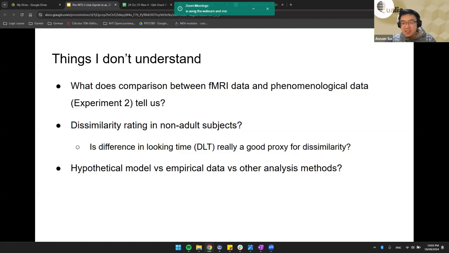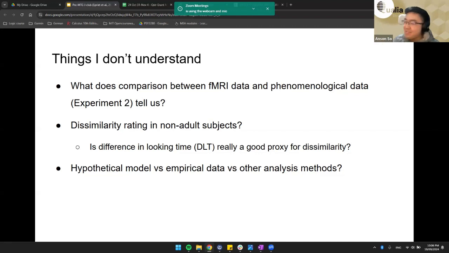You expect a correlation between adult fMRI and adult phenomenological data, and only then can you infer anything about infants. But if you have not shown any correlation in adults in the first place, then you can't say anything about infants because you have not shown that it is positive. It must be true, right? Yes.